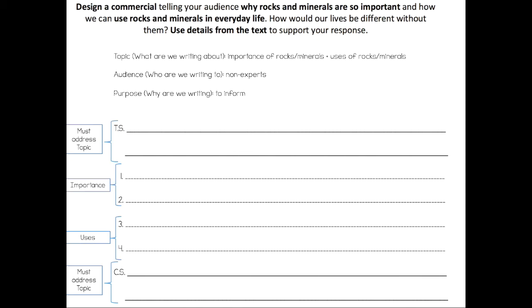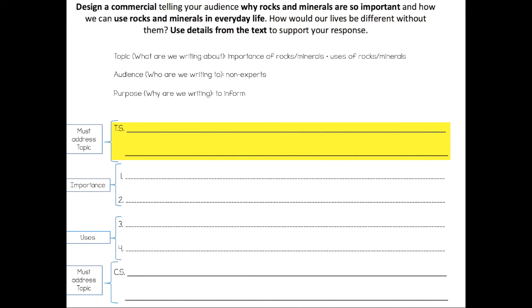Okay, so we have these notes to the side that are here for our reference as we outline our 1 paragraph essay. Now we are ready to get started with our outline, starting of course with our topic sentence. As a reminder, our topic sentence must address our topic, which is right here. We need to talk about both the importance of rocks and minerals and how they are used.